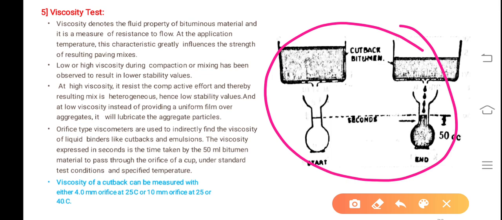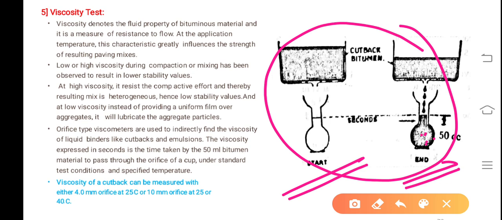When it is heated, it gets softened and starts flowing. That flow of bitumen you have to collect in a beaker. This is the starting point, with an empty beaker. This is the end point, wherein bitumen is collected, about 50 cc or 25 cc as the case may be. And then indirectly we are finding out the viscosity.